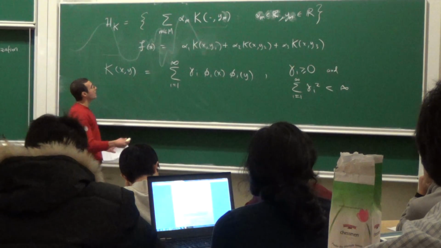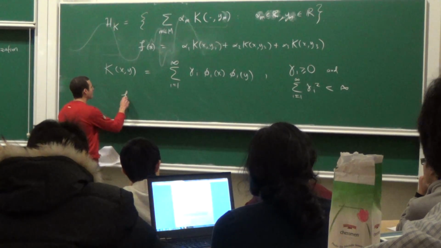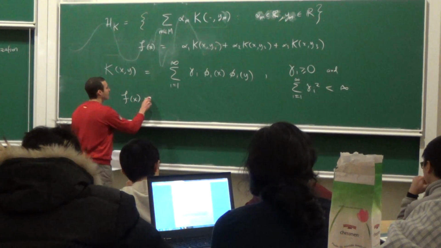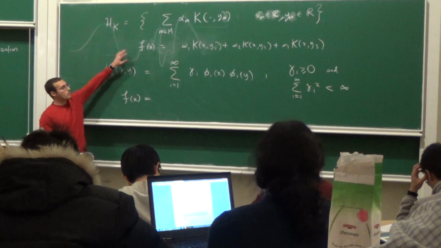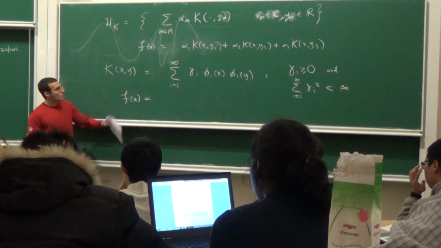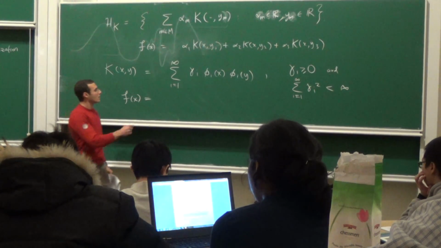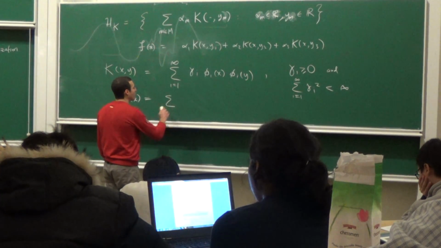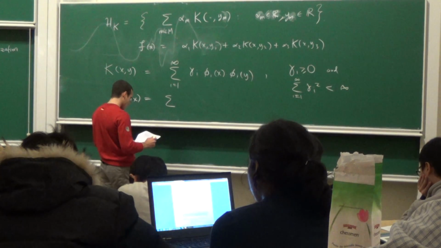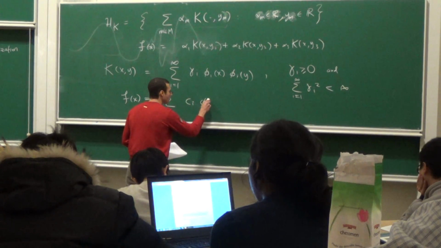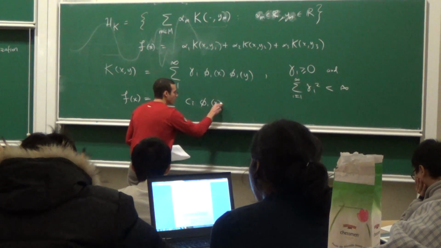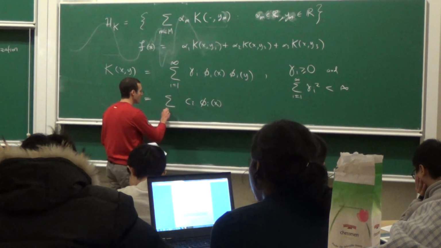Okay, this means that actually I can represent any functions of this form that are in the reproducing kernel Hilbert space also in terms of the eigenexpansion, and I can represent them as just a linear combination of these eigenfunctions phi.